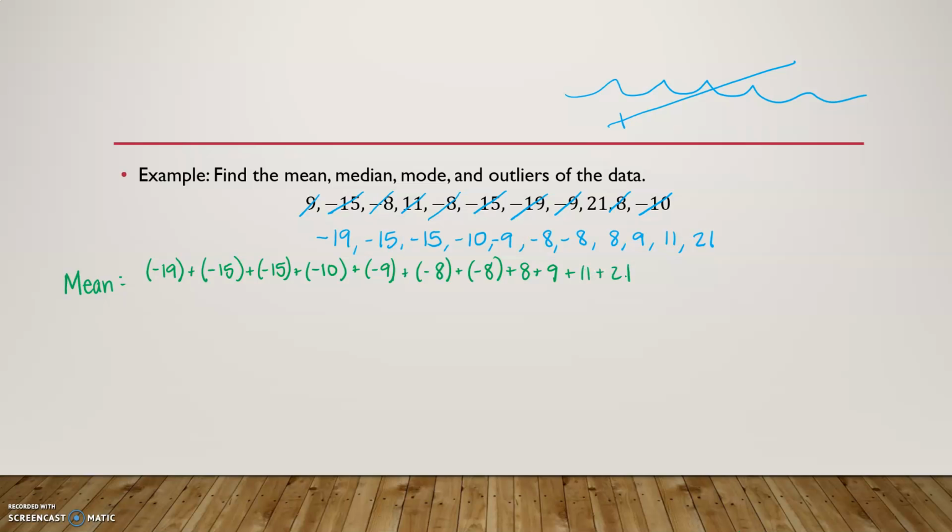All right, so there's all my numbers added together, and then I divide the sum by however many data terms there are. 1, 2, 3, 4, 5, 6, 7, 8, 9, 10, 11.